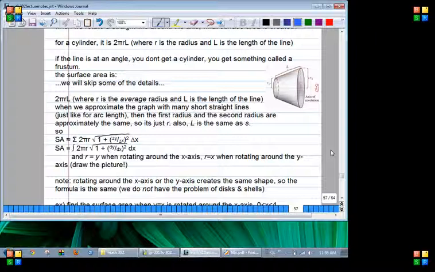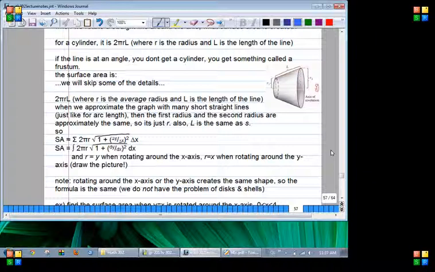So a quick note. When we had solids of revolution, and we talked about this before, choosing dx or dy, rotating around the x-axis or y-axis, in one case we had disks, and in the other case we had shells. Here, we do not have that problem. Why don't we have that problem? Because when you take a line and rotate it around the x-axis or the y-axis, what shape do you get?